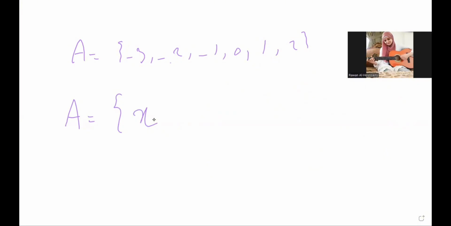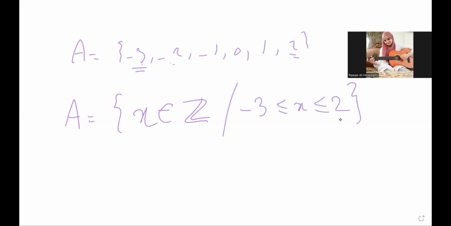Are they integers? Rational numbers? Let's see. We have non-decimal numbers, so it's either natural numbers or integers, but since it contains some negative numbers, then they are integers. So x belongs to the set Z, such that, when I have consecutive numbers, I have to specify these numbers are between which numbers. These numbers are between -3 and 2, so we directly write x is between -3 and 2.